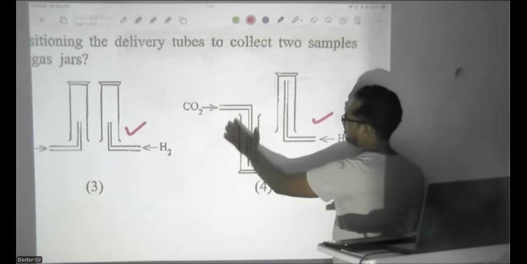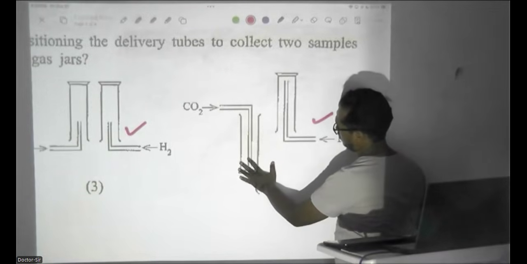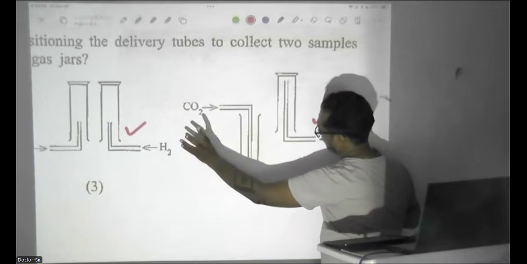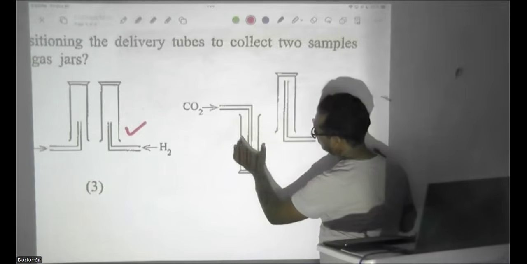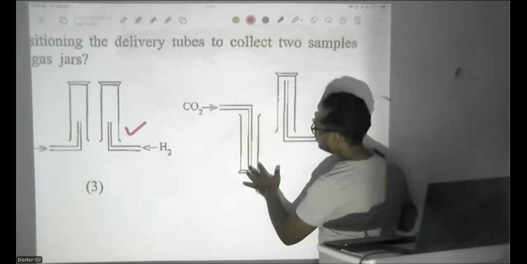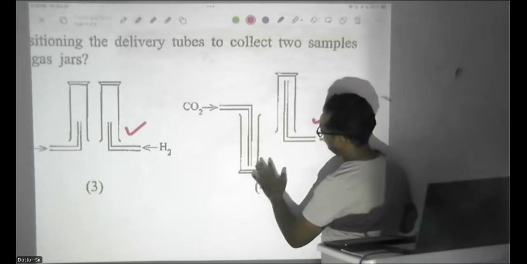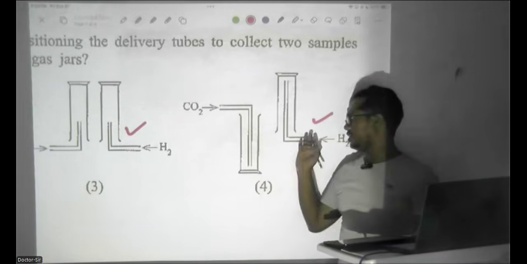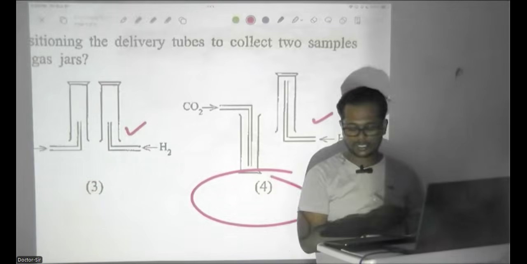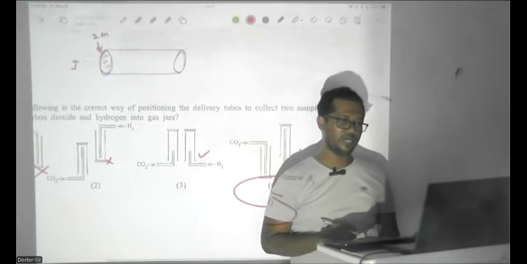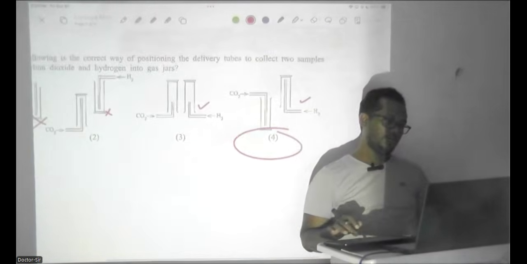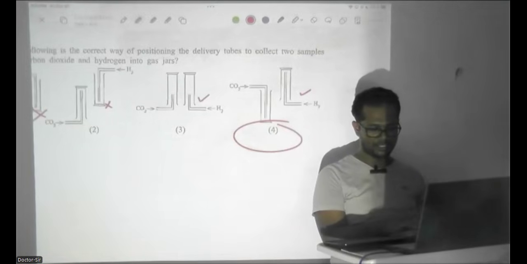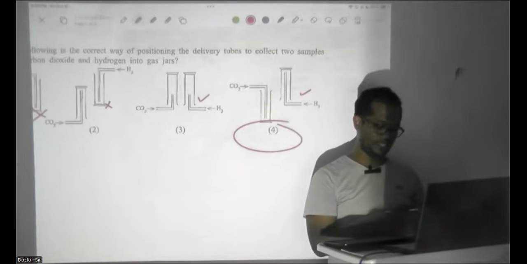Carbon dioxide is a high density gas, so it can be collected this way. So the correct answer is the fourth answer. I saw a few of you gave the fourth answer.